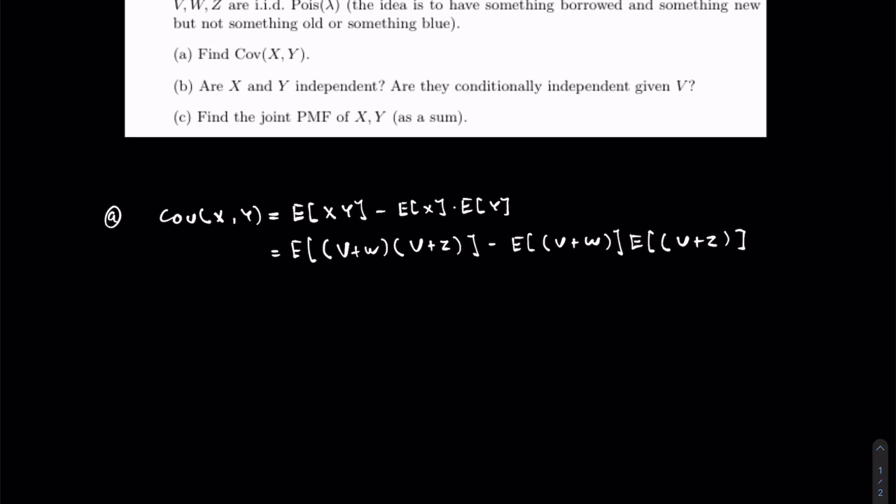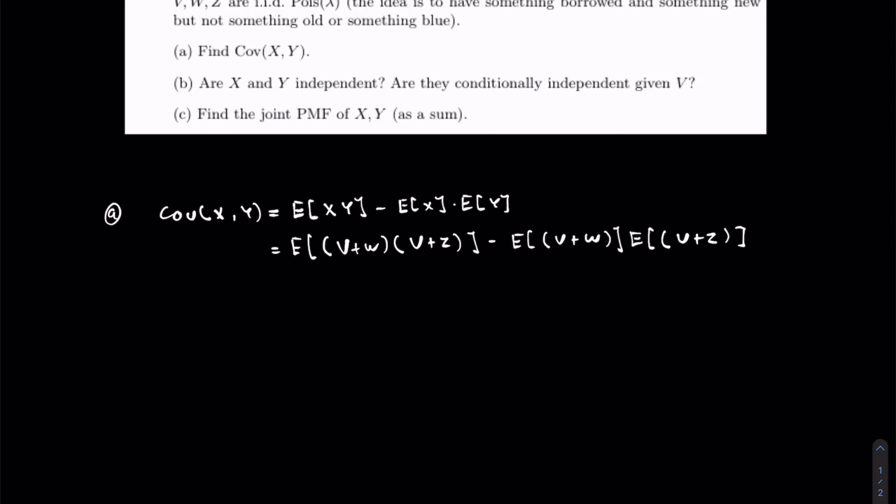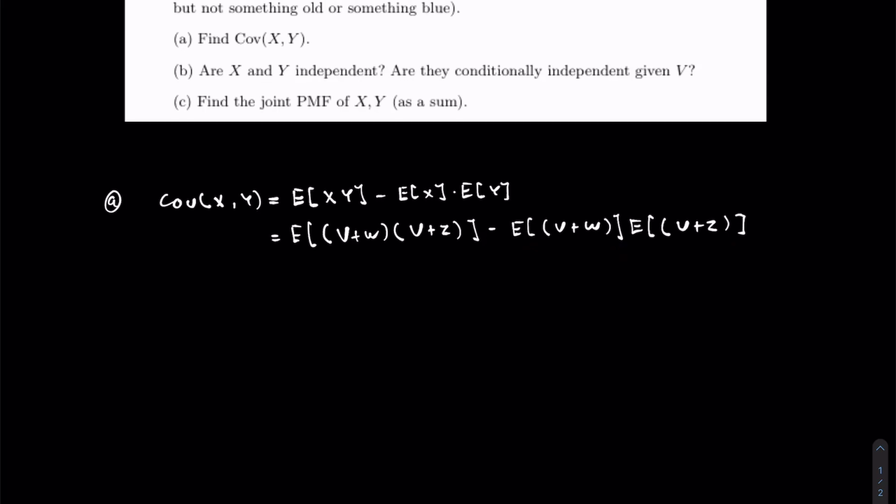Now, these terms here, let's just calculate them and see what they are. This requires a little bit more effort because it will yield a polynomial term, leading us to think about the variance of the Poisson, which we already know. So it's not a super difficult thing to do.